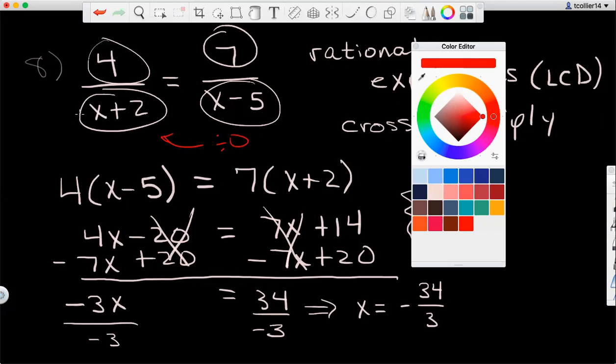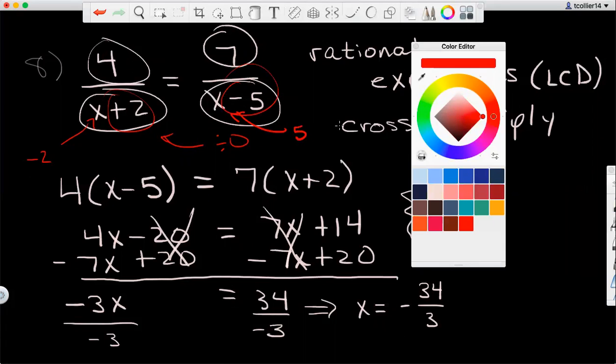So how is this possible? Well, let's say x was negative 2, right? If x was negative 2, then I would have a problem because I would have negative 2 plus 2, which is 0. So I'd be dividing by 0 right here. And if x was 5 over here, that would also give me a problem, right? Because 5 minus 5 would give me 0.